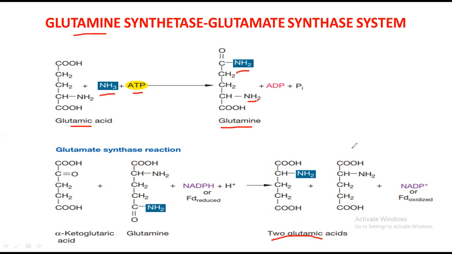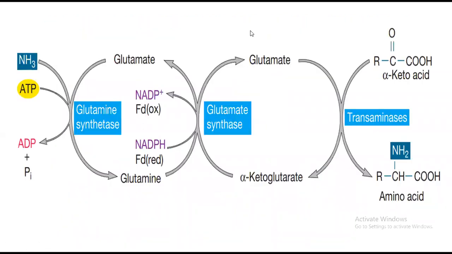Just look here at the schematic diagram, you will understand it well. This is the overall chemical reaction. NH3 will combine with the glutamate and give rise to glutamine with the help of glutamine synthetase, and ATP will also be used.